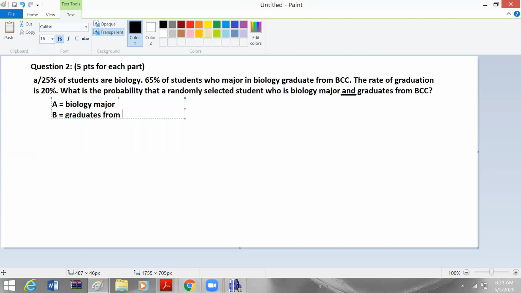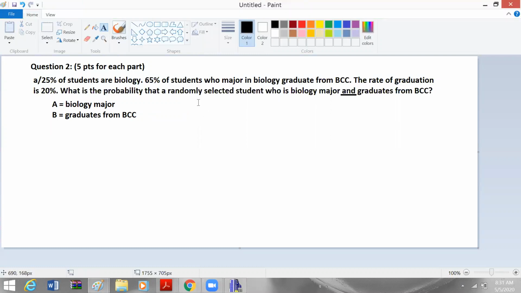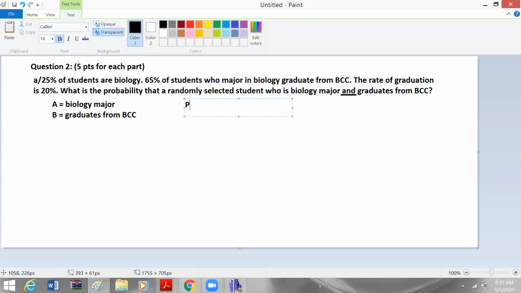So those are the things we define. The probability of A, biology, is 0.25, and the probability of B, graduating from BCC, is 0.2.